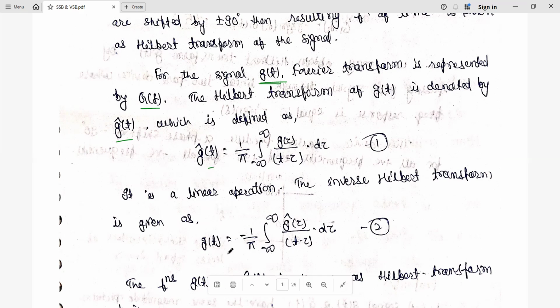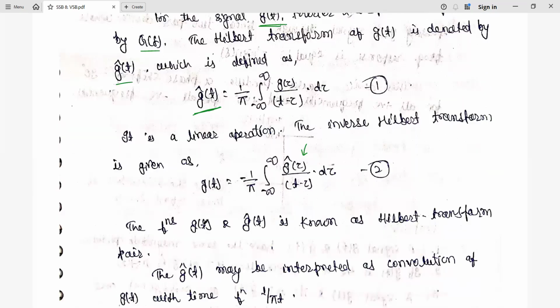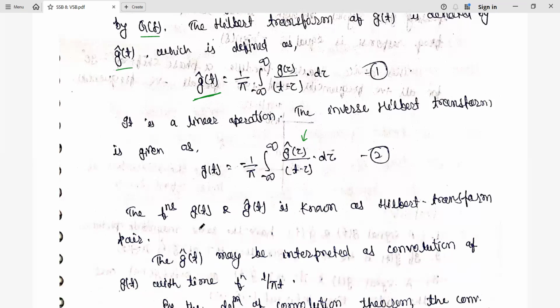In case of the inverse, we have g of t equal to minus 1 by pi, integration minus infinity to plus infinity, where in place of g of tau we have g cap of tau, divided by t minus tau, d tau. Here the function has changed since we are obtaining the inverse Hilbert transform of g cap of t. That's why here we have g cap of tau, and outside it is multiplied by the minus sign. These two are called the Hilbert transform pair.